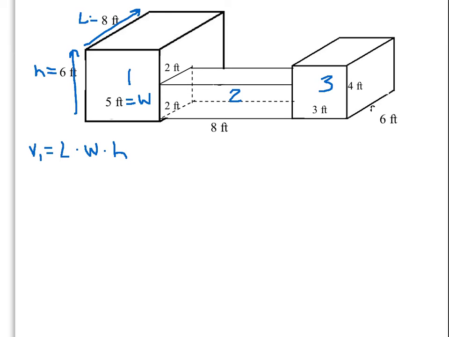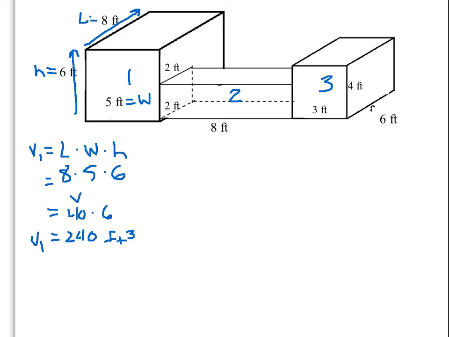So I'm going to plug that in: 8 times 5 times 6, 40 times 6 equals 240. Good news, this should be the same as the answer that we just got because this is the same original room that he was in before. So the volume in the first room he's in is still 240 cubic feet.